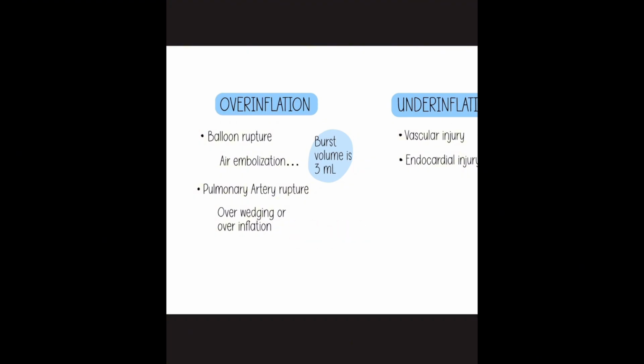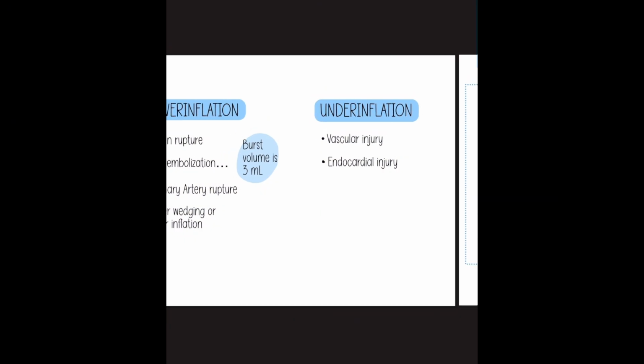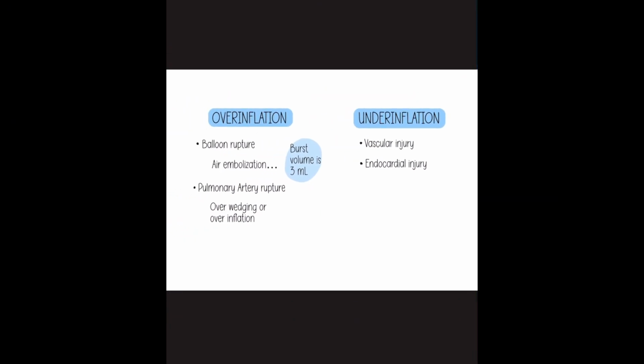You really want to inflate until you see your PA pressure turn into a wedge pressure. If you meet that pressure already at 0.5, then there's no need to go all the way up to 1.5, because you might be in a smaller area or the vessel might be smaller than you anticipated and you don't want to risk this. So just do enough that's appropriate to get that wedge pressure in there.